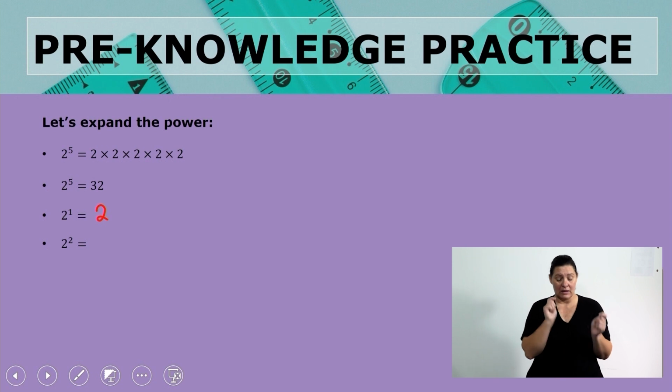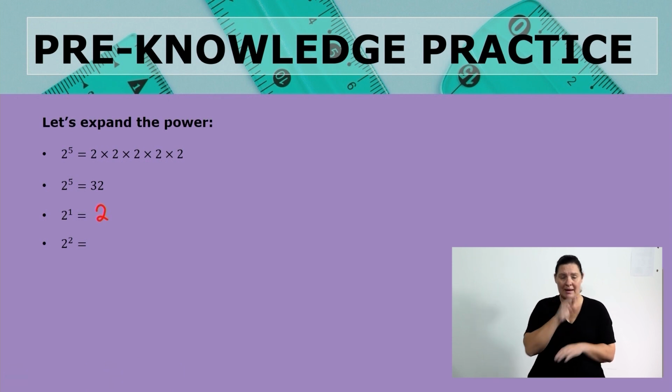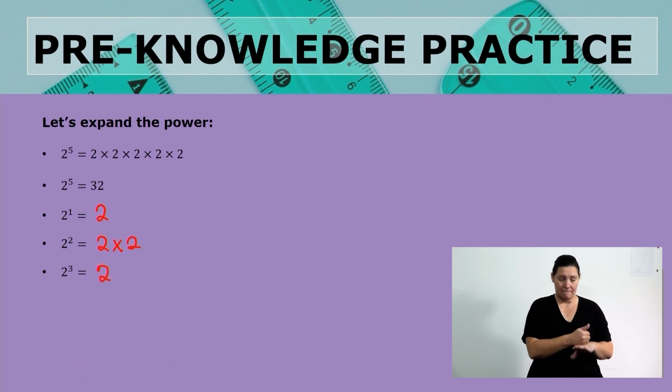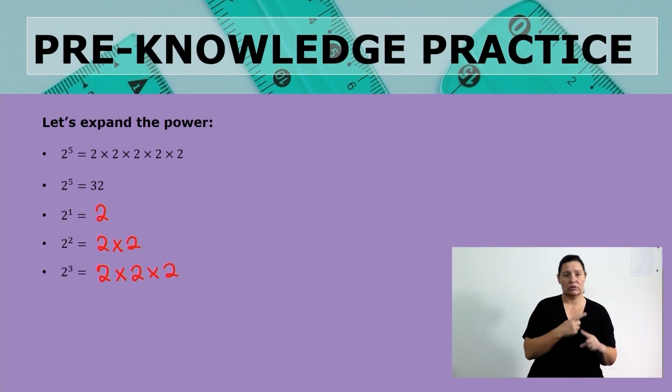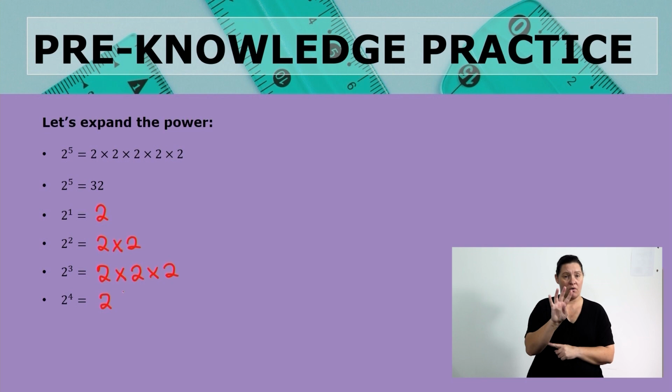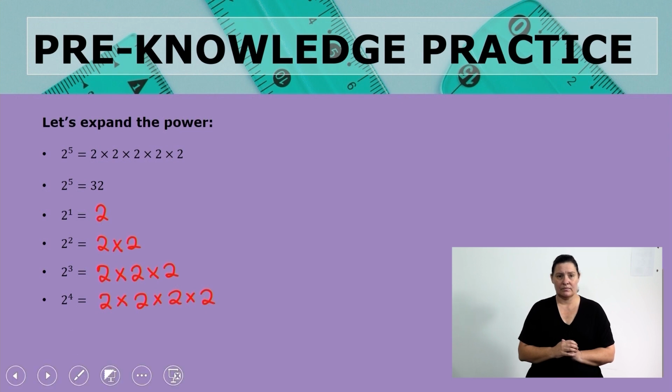When that exponent changes to 2, the base 2 is multiplied by itself once. So we have 2 multiplied by 2. If we have an exponent 3, the base will be multiplied by itself twice. So this is 2 multiplied by 2 multiplied by 2. It continues when we have an exponent 4. That means we say 2 multiplied by 2 multiplied by 2 and multiplied by 2.